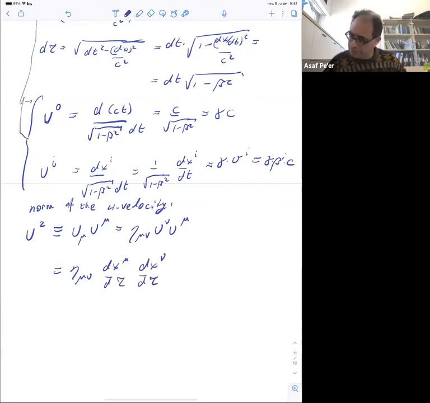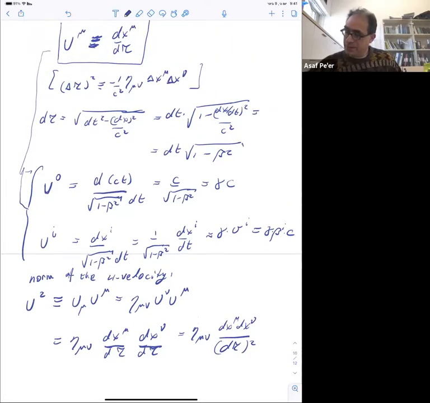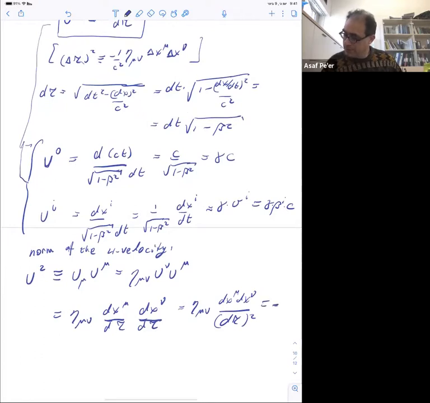Why change the order? I just don't care. You can simply write it down, a bit sloppy, as eta mu nu dx mu dx nu over d tau squared. But d tau squared is written here as minus 1 over c squared eta mu nu dx mu dx nu. So this is simply minus c squared.